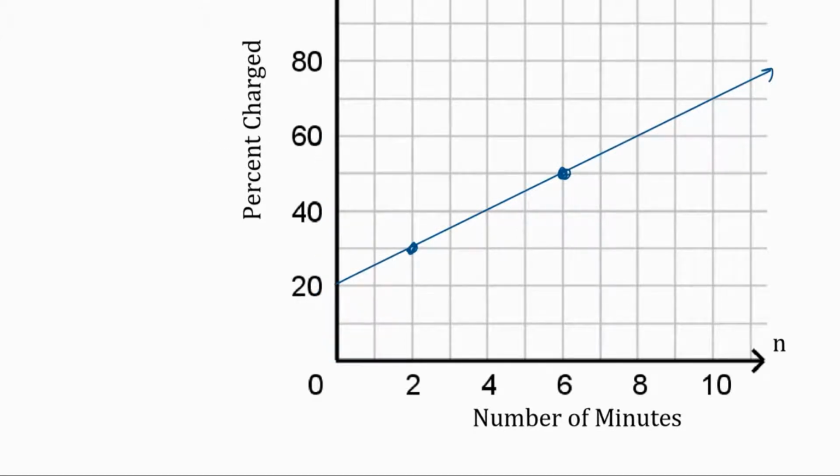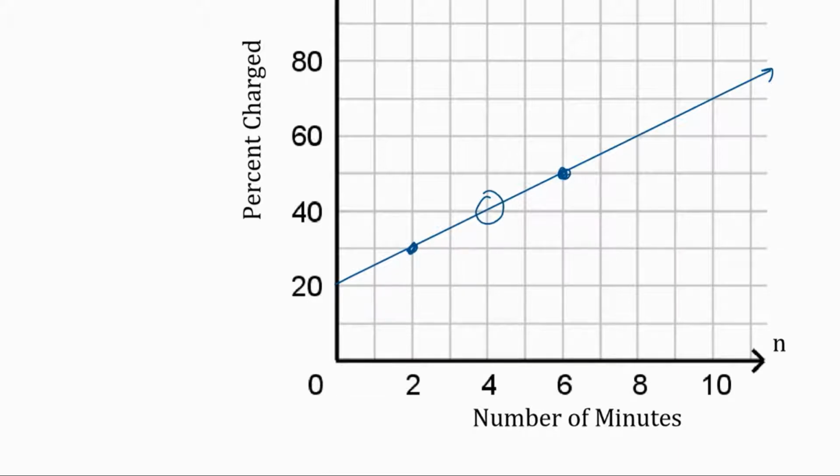And in 2 minutes, I went up 1 full square. So I went up 10 in 2 minutes, which is 5 in 1 minute. Now, I can't guess that this is 5 in 1 minute because from 2 to 3 minutes is 1 minute. But I know it's 5 because I know it's half the distance that this one went up. And that one went up 10, so I know that it is 5.